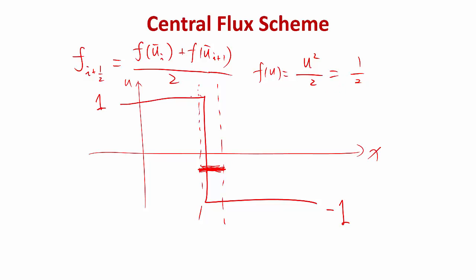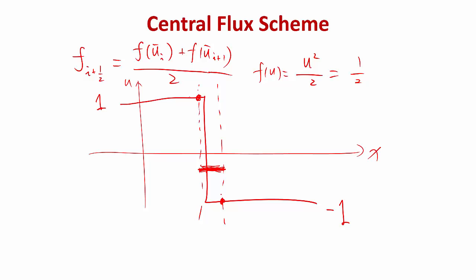And if you average the flux on the left-hand side and the right-hand side, the interface flux at this point is going to be misrepresented, and actually by a lot. So the central flux scheme does not capture the correct behavior around shock waves.